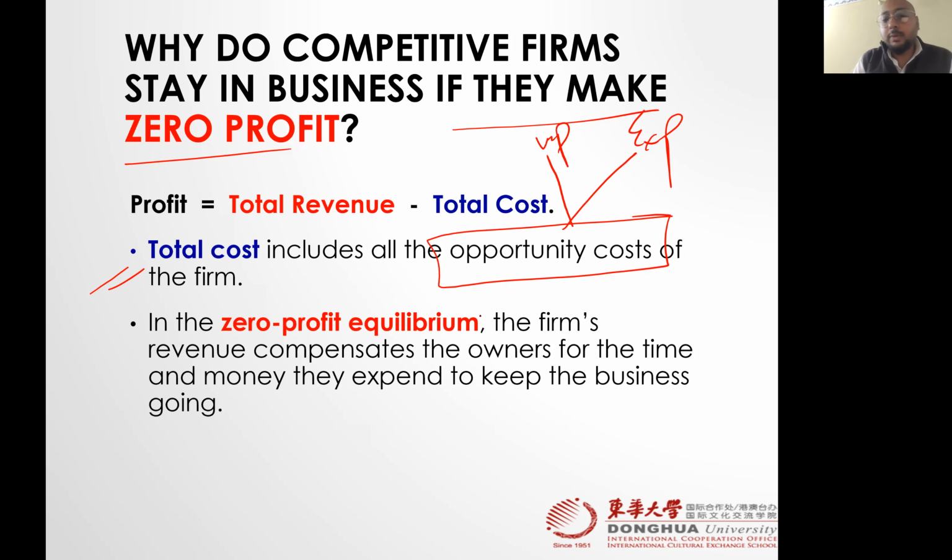So in the zero profit equilibrium, the firm's revenue compensates the owners for the time and money they expend to keep the business going. All those lost opportunities are included in your total cost, so you would be earning zero economic profit.